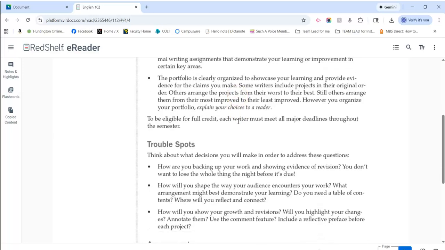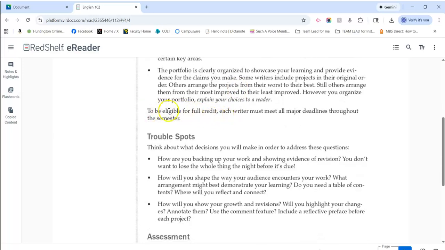Okay. Now, notice this right here. I'm sure I already talked about this at the beginning of the semester, but it bears reminding here at the end that if you have not turned in any of the major projects, in other words, if I never saw your annotated bib, or if I never saw your report, or for some reason I never saw your editorial, then that means it's basically going to be considered a failed paper.